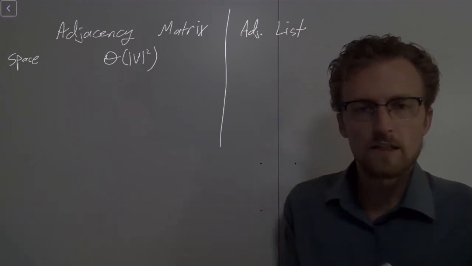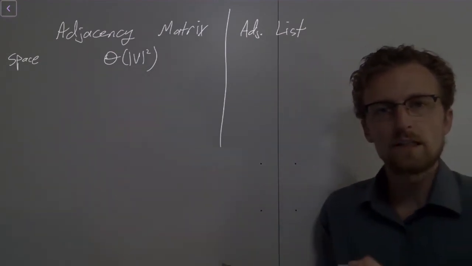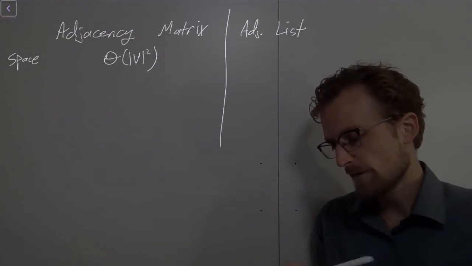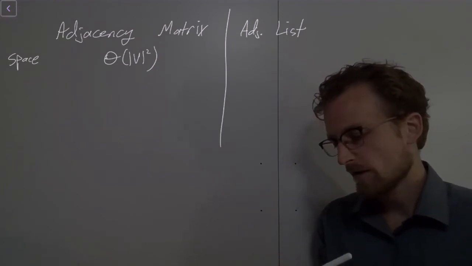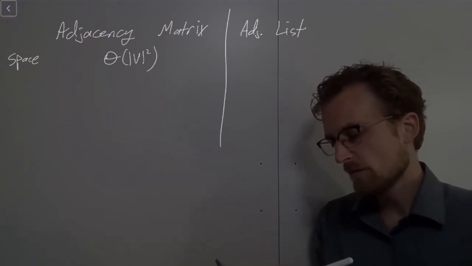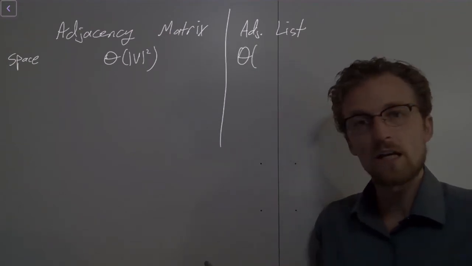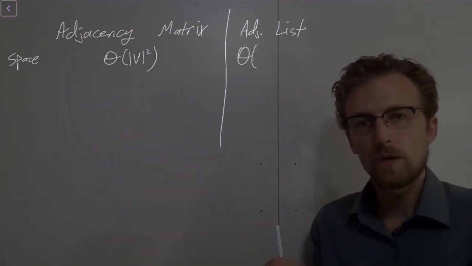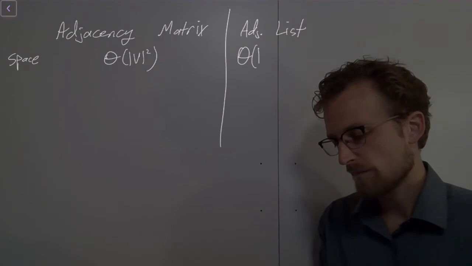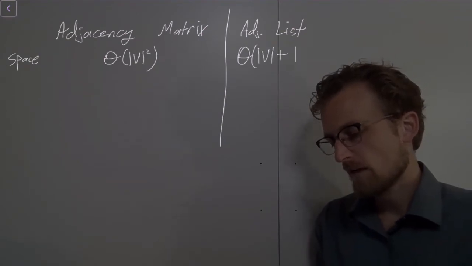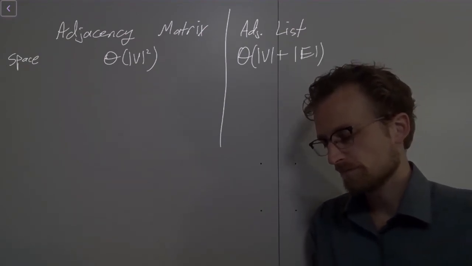It's asymptotically the number of vertices squared. The adjacency list has some dependence on the size of the edge set, but it does not have quadratic dependence on the size of the vertex set. So we have v plus e.